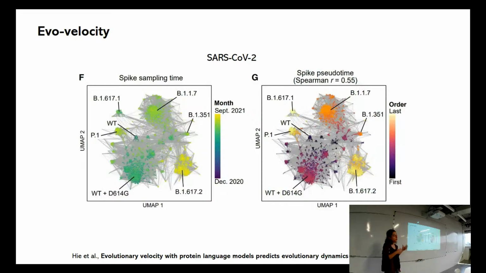Because if you know the evolutionary trajectory of these objects, most likely you can hope to predict something that will be next, which for viruses is very important because, of course, we want to know in advance what the evolutionary pressure is doing on the virus sequence. For example, for vaccine development.